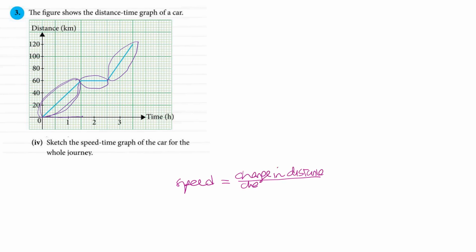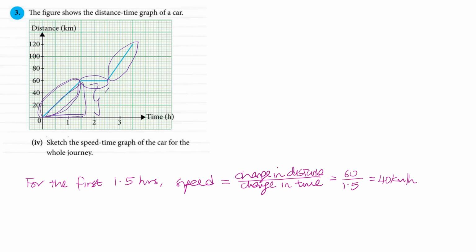So for the first 1.5 hours, the speed is change in distance over change in time, which is just this portion here, basically 60 divided by 1.5. It's 1.5 for the time, 60 for the distance.